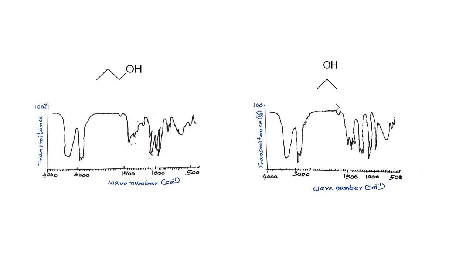Here you can see both have different fingerprints, even though they have similar spectra in the functional group region. Thus, by using the fingerprint spectrum and the spectrum obtained in the functional group region, we can identify the functional group, and also find the nature of the organic compound.